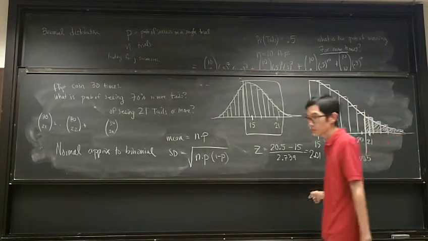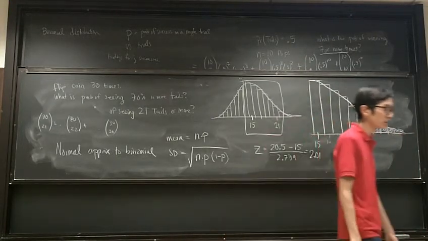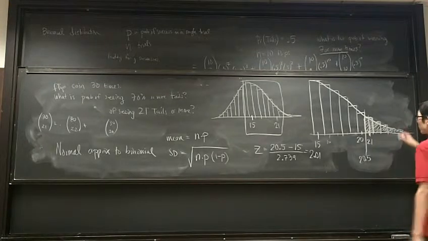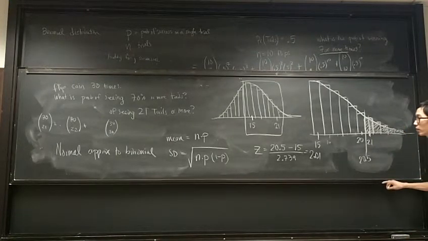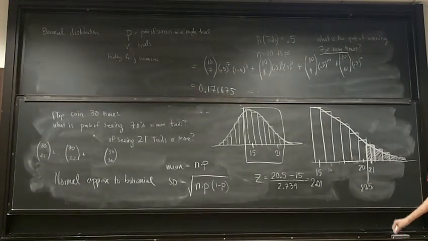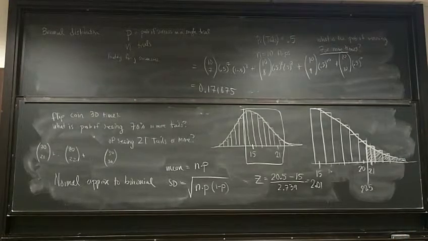Okay, so now that I've got a z-score, I can look that up in the table, and I can see what the probability is, if I flip a coin 30 times, of seeing 70% or more tails. When I look up 2.01, I'm looking for the area beyond that, 0.0222.